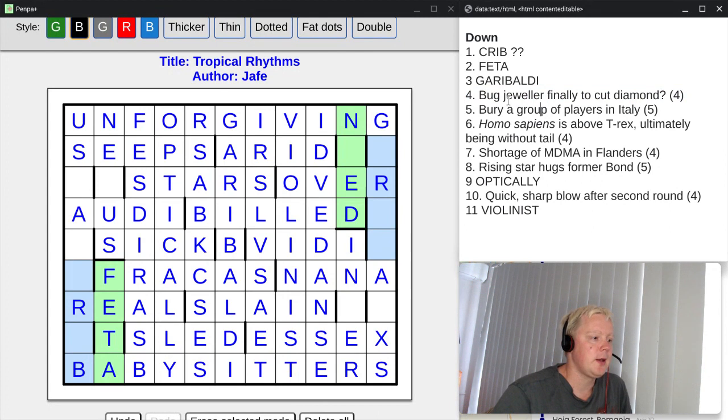Bug jeweler finally to cut diamond. Now, finally is an obvious indicator, which means the last letter of. So could be bug jeweler finally, GR, which would be after Garibaldi, if it starts the word. Or it could be just jeweler finally, the R, the last letter of jewelry, to cut.